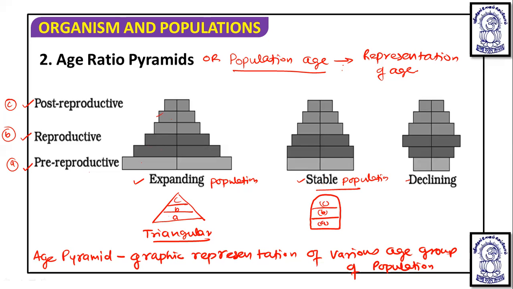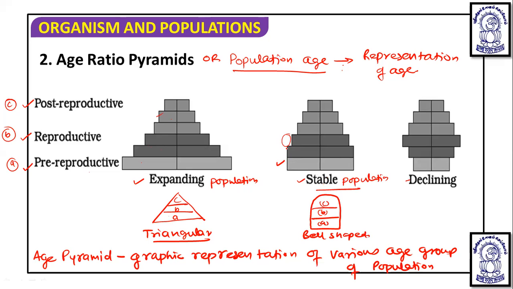Bell shape. Now, this bell-shaped pyramid will be obtained in a stable population. Why? Because the pre-reproductive individuals are marginally more than the reproductive individuals. So the population in the future will not change, because the reproductive individuals, which are now a similar number, will be reproductive individuals in their future.